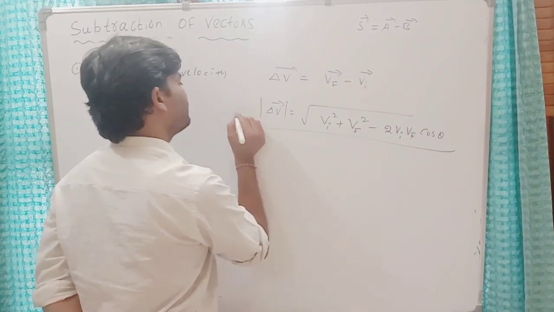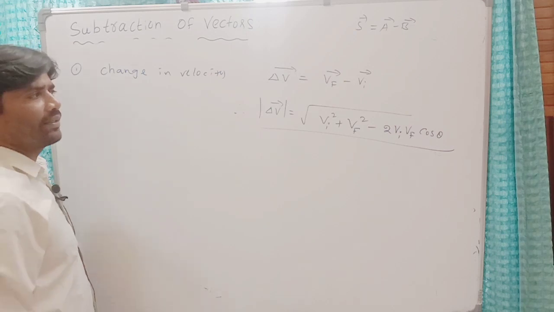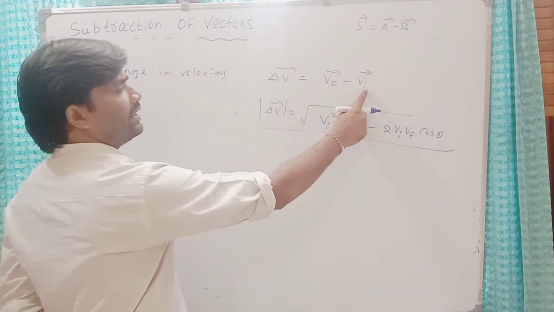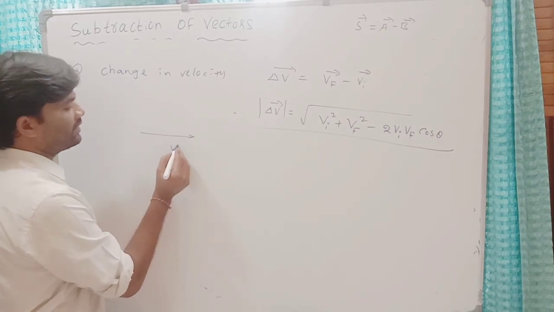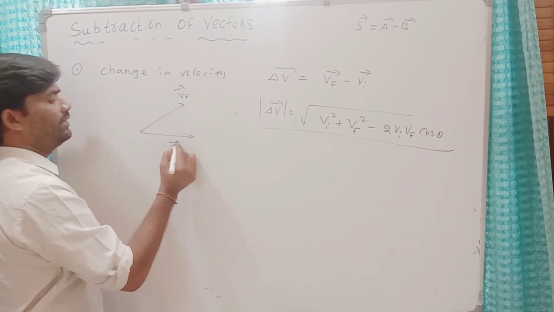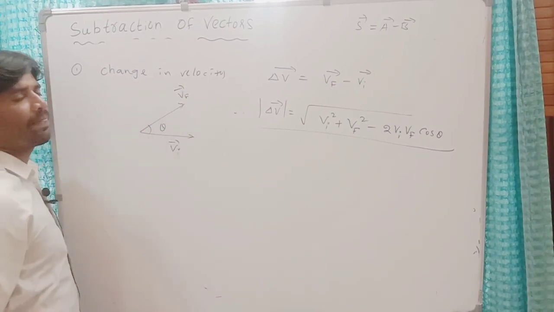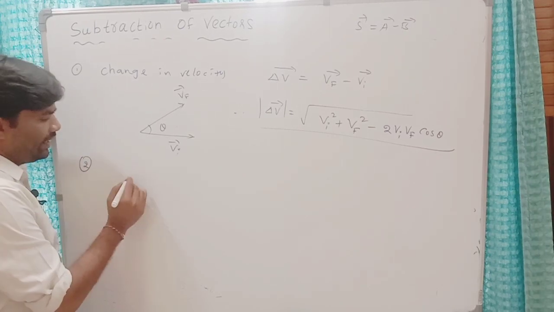This is the formula for the magnitude of change in velocity of a body. So what is theta? The angle between the initial and final velocity. If this is the direction of initial velocity and this is the final velocity, the angle between these two is theta, right? We can also find relative velocity.